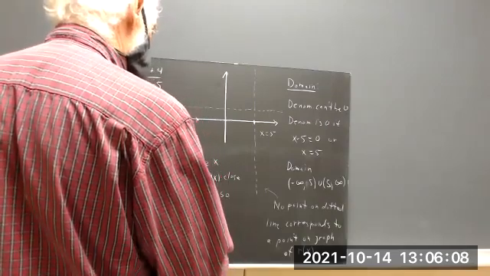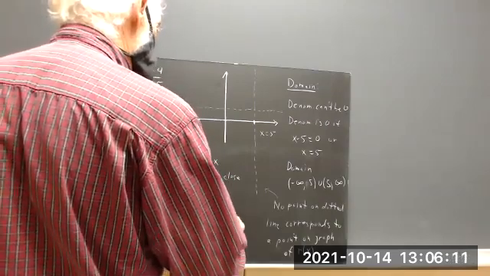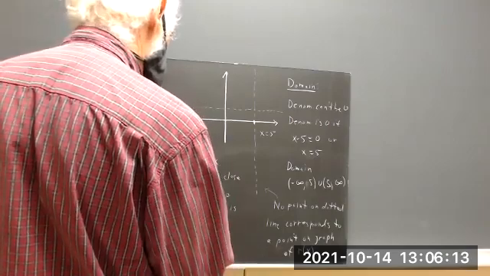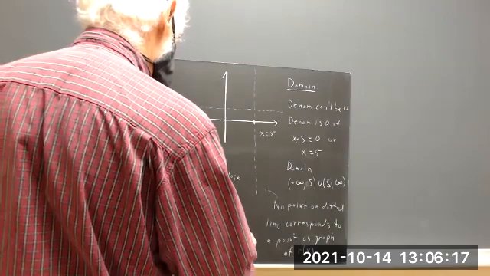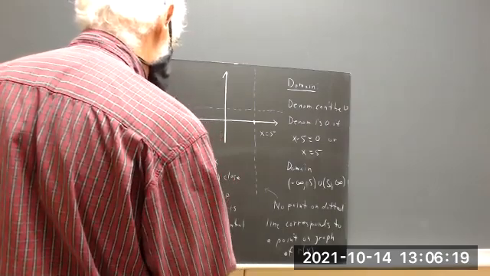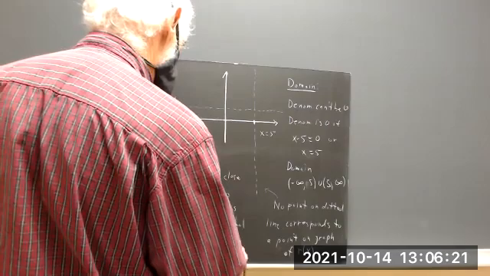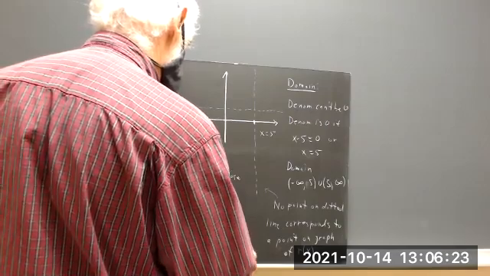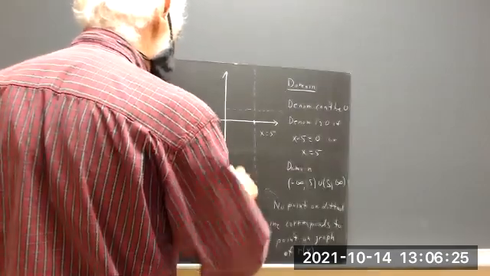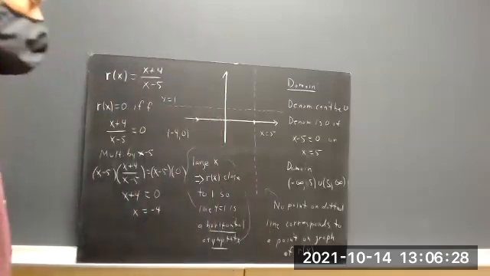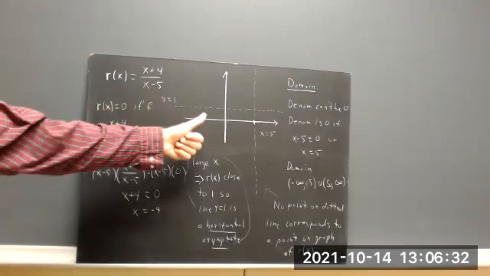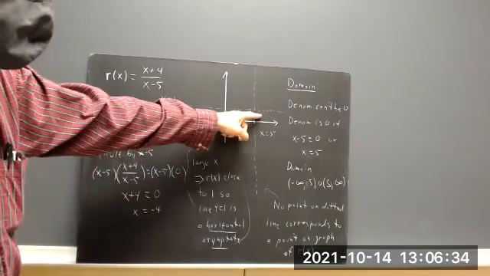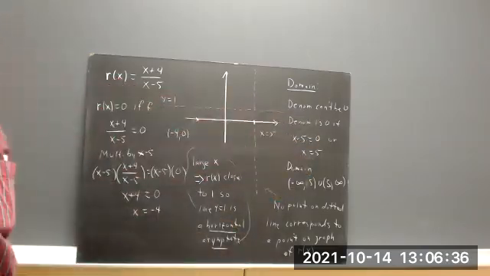We're going to say that the line y equals 1 is a horizontal asymptote. Whatever else the graph does, it approaches this line as you go this way, and it approaches this line as you go that way.